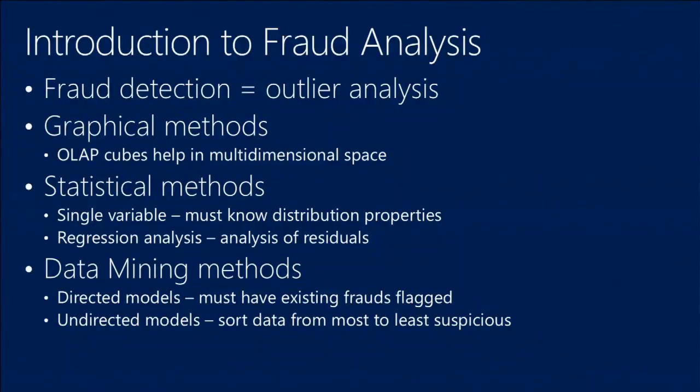There are 2 general data mining algorithm groups, directed and undirected, also called supervised and unsupervised. So supervised means you have a target variable, and you try to explain states of this target variable with states or values of input variables.